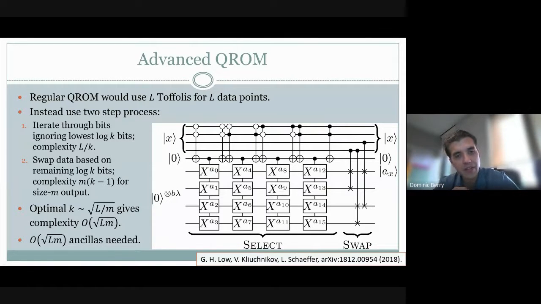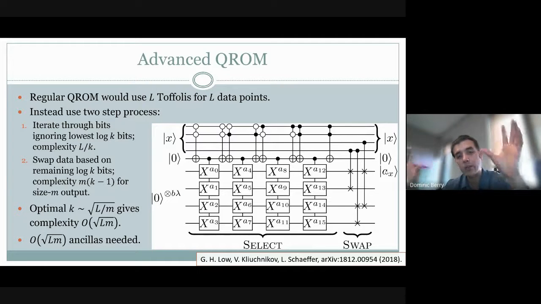The neat thing about this is that when you choose your subdivision of these qubits appropriately, your complexity ends up going like the square root of L, which is the number of items of data, times M, which is the number of bits for each item of data. So the total amount of classical data is essentially L times M, and you have a complexity scaling like the square root of that total amount of classical data.